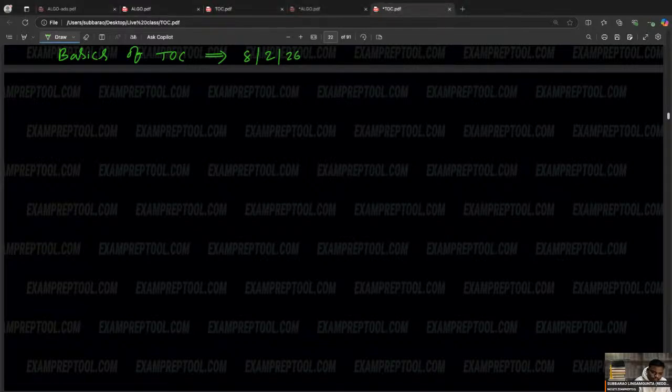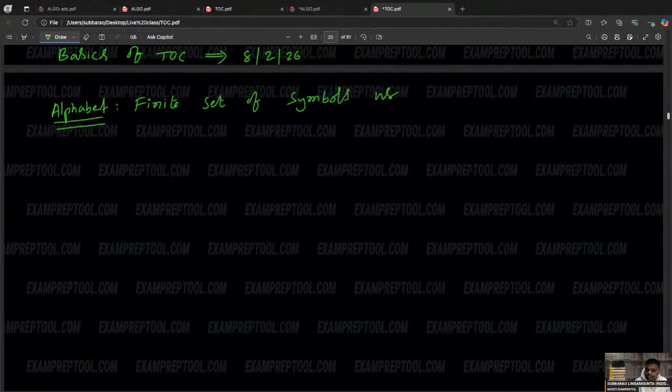First one. You can write alphabet. This is the first basic point which you have to take care. Finite set of symbols used in any language is known as alphabet.